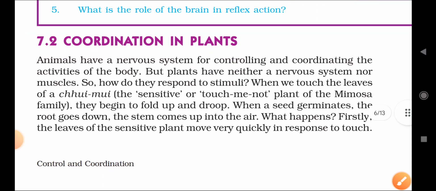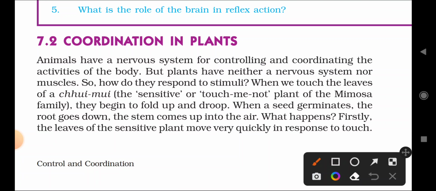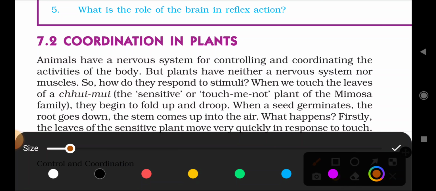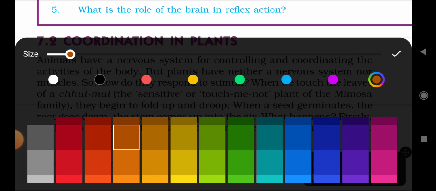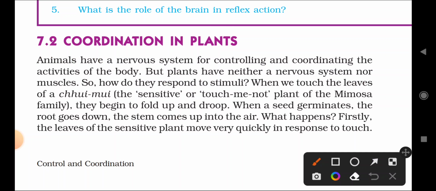Next, until now we have discussed the types of muscles and their difference, and how they coordinate, how they do the actions, and how they communicate. Next we will discuss how plants coordinate. Are they using the same method or a different method?